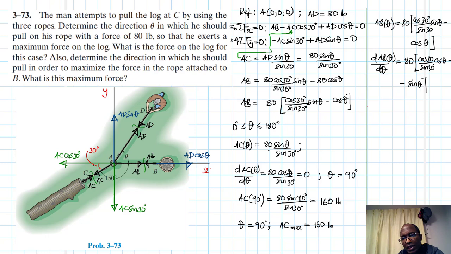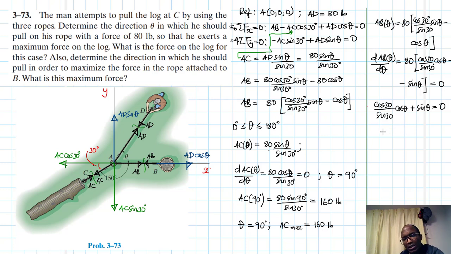Minus minus becomes a plus. Then this, of course, is equal to 0. So we can factor out the 80, and we remain with cos 30 divided by sine 30 times cos theta plus sine theta equal to 0.